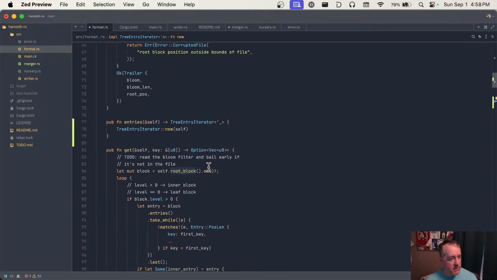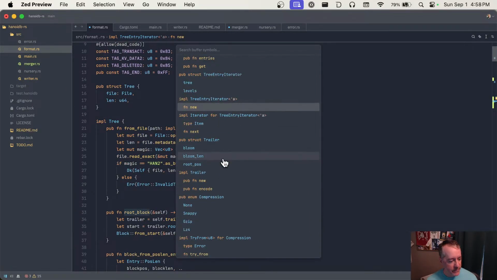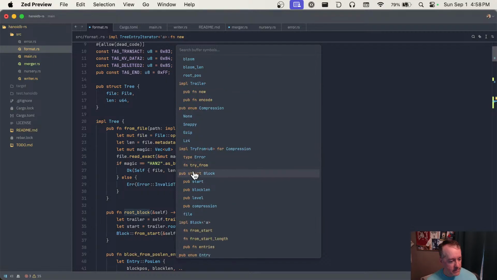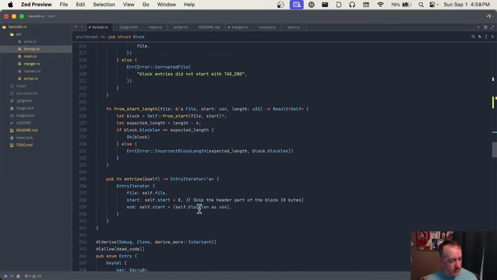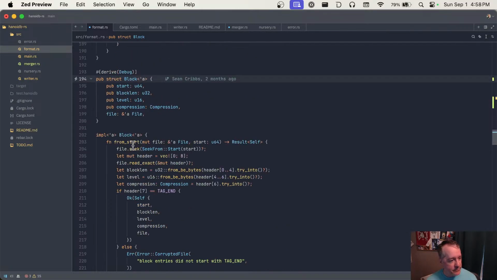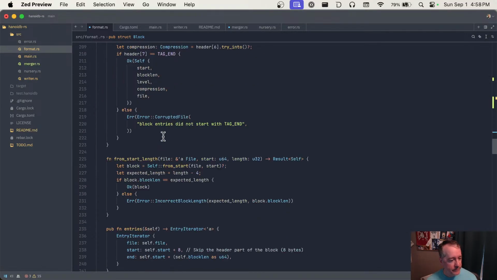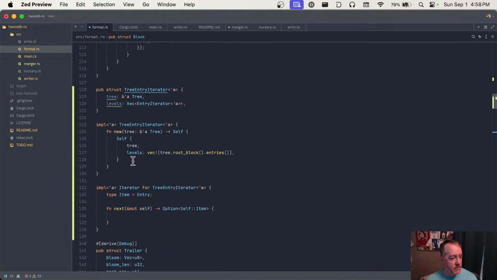Yeah, because there's no way, we don't have a way yet to go from a block to another block in the same file. Although we could. I think let's keep going forward with our tree iterator, and then we'll see what we can do.